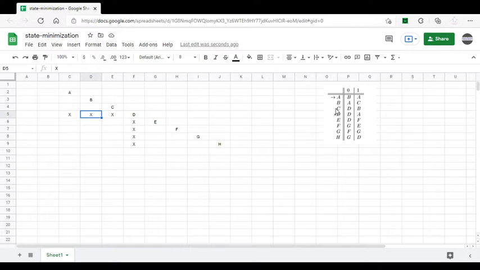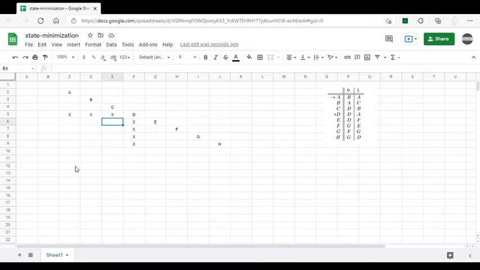Now let's say for a moment that C was a final state. I would not put a tick on CD because C is final, D is final. So in this case, C is not final, D is final. Alright, so that's the first one.